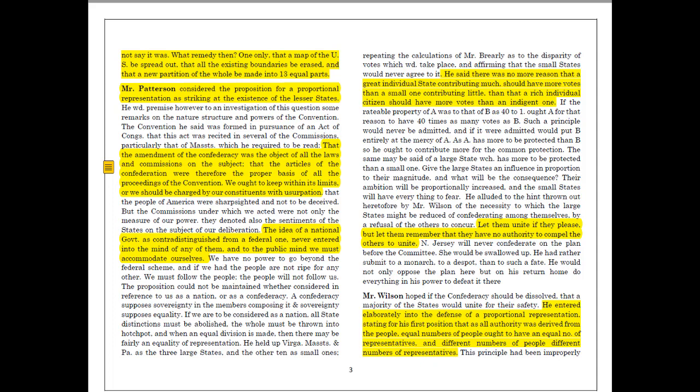He says he hoped that if the Confederacy should be dissolved, a majority of states would unite for their safety. He entered elaborately into the defense of a proportional representation, stating for his first position that as all authority was derived from the people, equal numbers of people ought to have an equal number of representatives, and different numbers of people, different numbers of representatives.